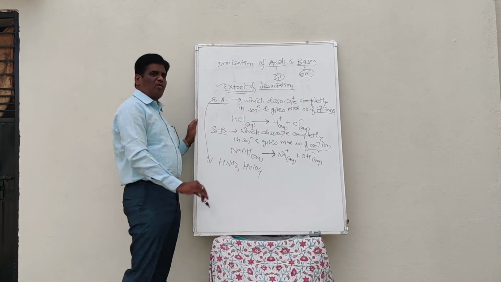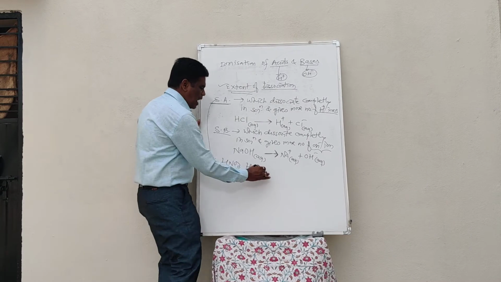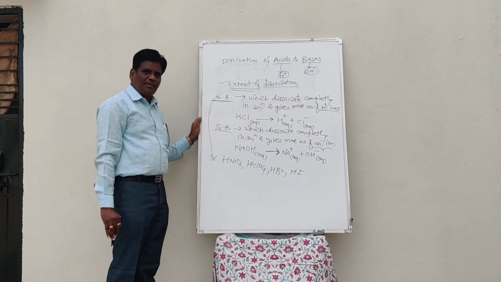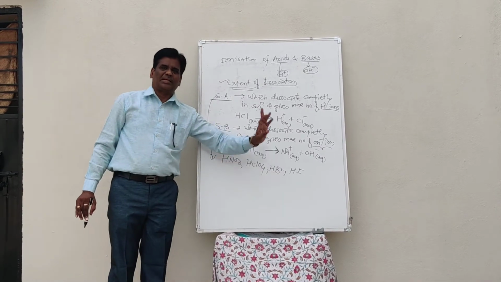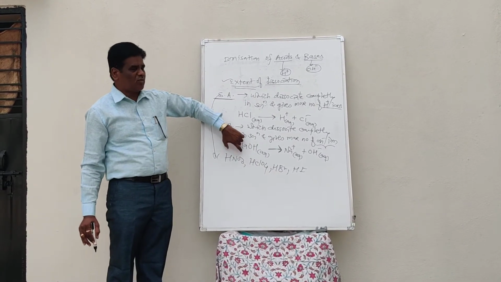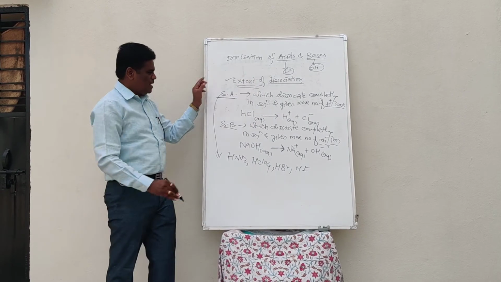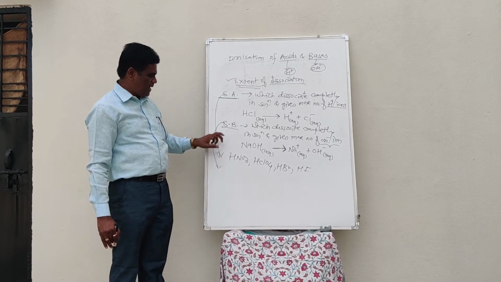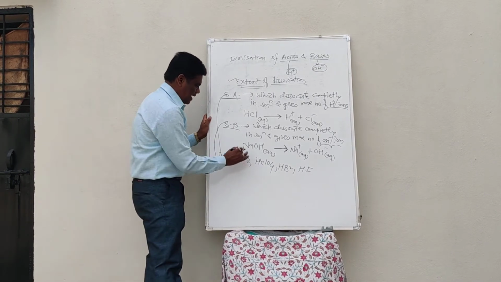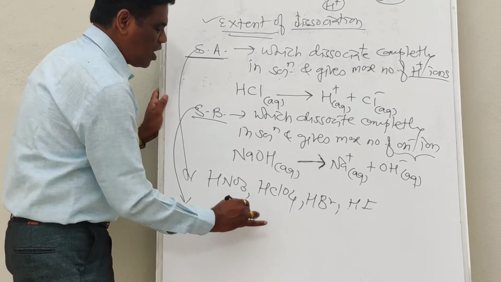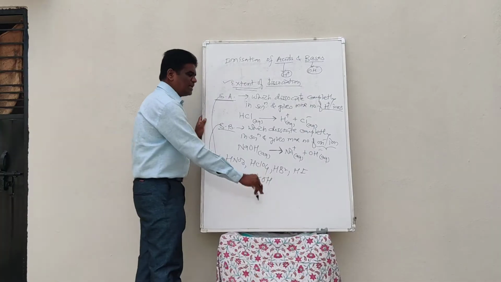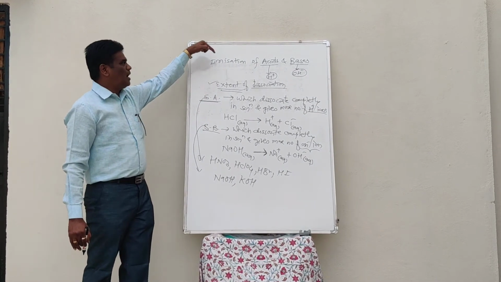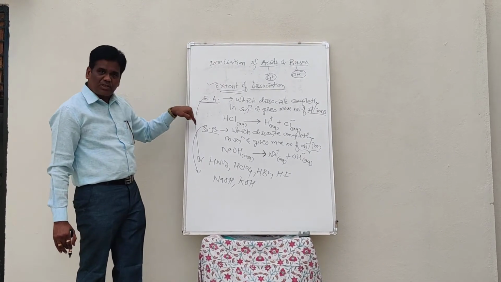So you have to remember these are the strong acids, and the dissociation of these acids can be shown by a single arrow. Similarly for the strong base, NaOH is the best example of strong base, KOH is also a best example of strong base. So in this way you have to remember the ionization of strong acid and strong base.